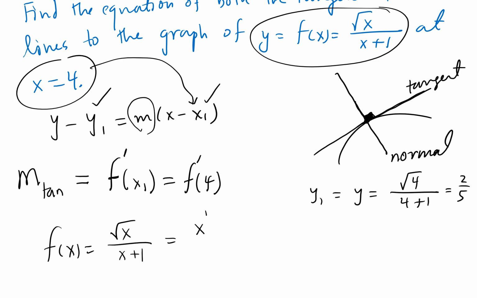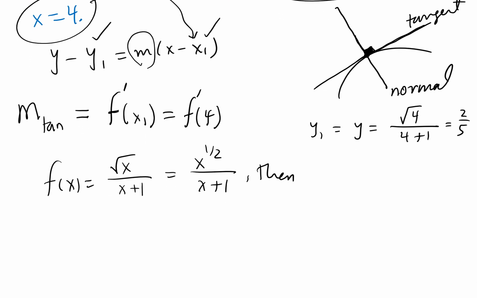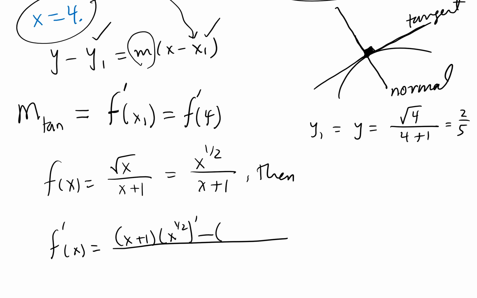You can write this as x to the 1/2 over x plus 1. Then we need to find the derivative of this function. How do you find the derivative of this function? We use quotient rule. F prime of x is the denominator times the derivative of the numerator, minus the derivative of the denominator times the numerator, over the denominator squared.